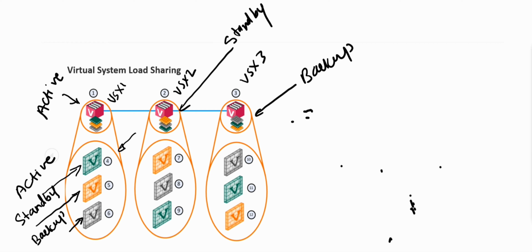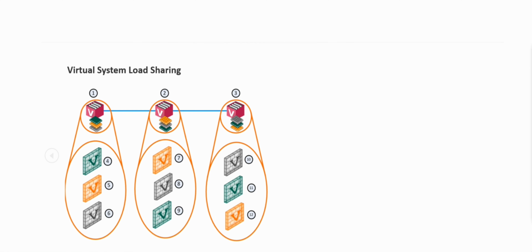And here if you see this blue link, we call it the sync network. Now you have set up virtual system load sharing clustering.